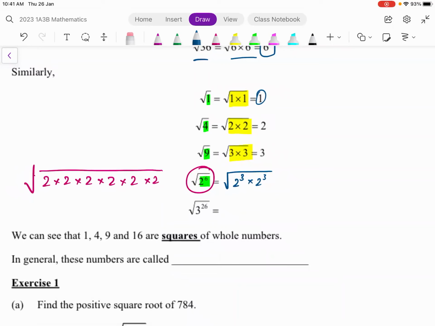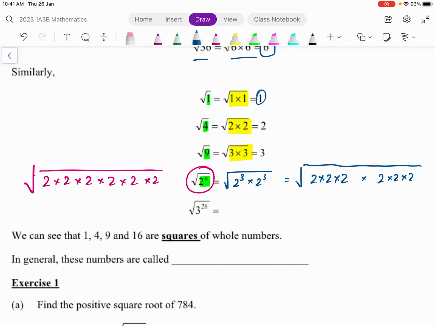When you say it is 2 power 3 times 2 power 3, so 2 times 2 times 2, this is your first 2 power 3, and your next 2 power 3, 2 times 2 times 2. Are they the same thing? Yes, they are the same thing. Congratulations, you managed to find the square root, and you managed to rewrite 2 power 6 as 2 power 3 times 2 power 3.